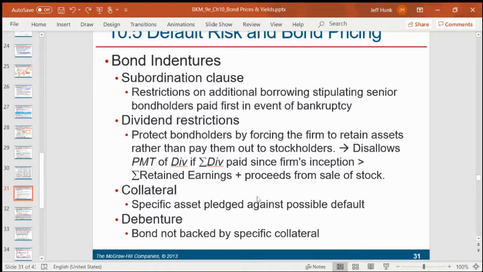So dividends cannot go out, right, before they pay out to the bondholders. Protect bondholders by forcing the firm to retain assets rather than pay them out to stockholders, right? So after paying the interest, there's retained earnings, right?